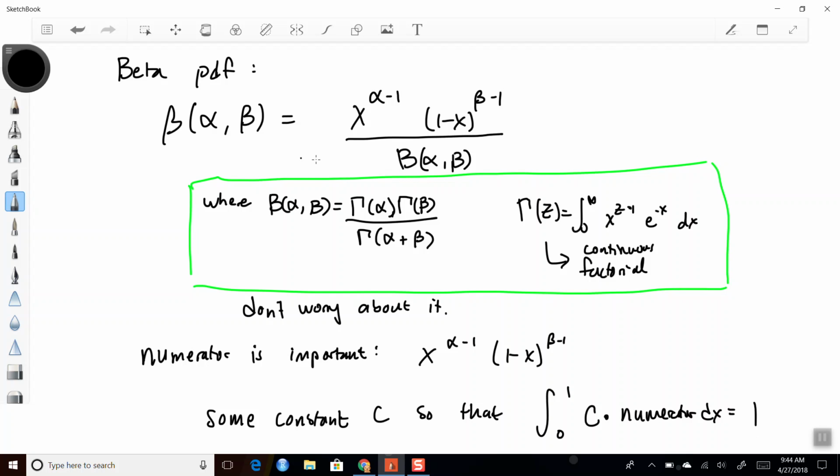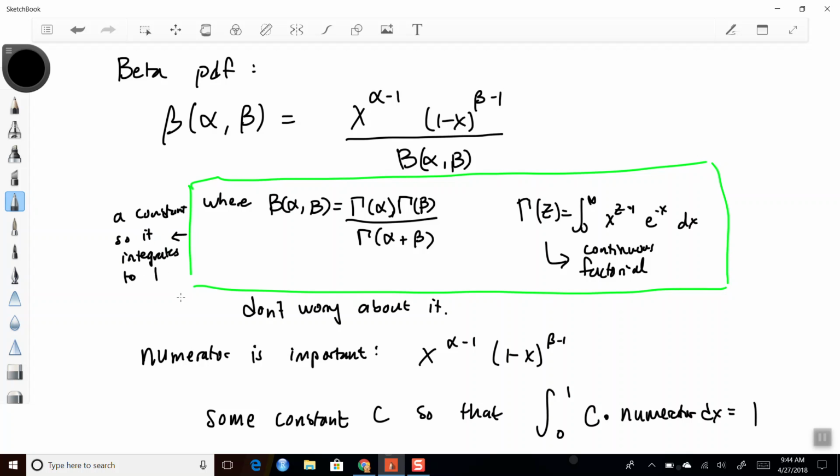That's all this is. All this stuff boils down to just a constant, so it integrates to 1, which is required to be a PDF, okay?